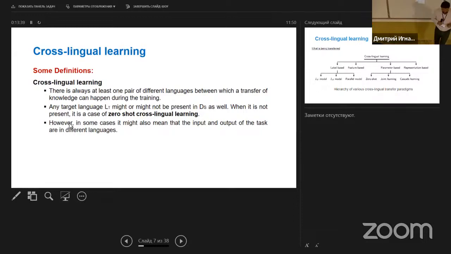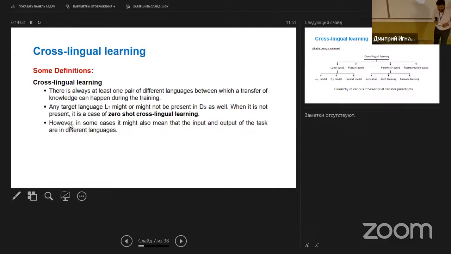If the target language instances are not present during the training time, then it's a special case of cross-lingual learning, that is zero-shot cross-lingual learning, in which the target language instances are not present.